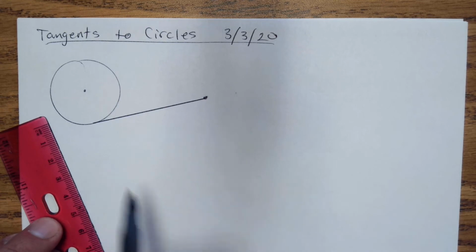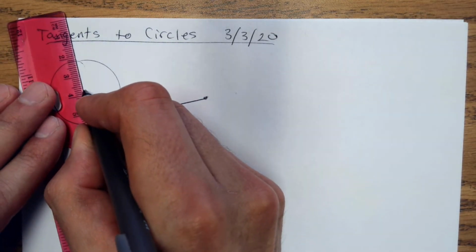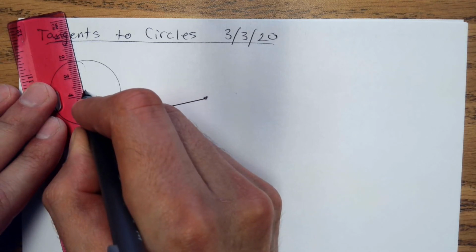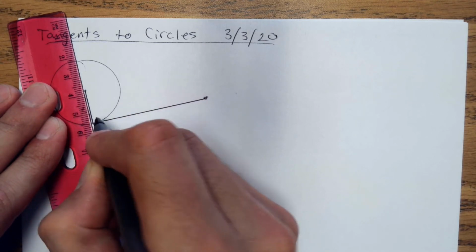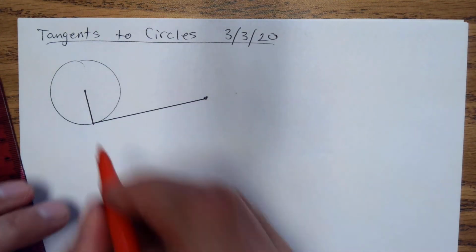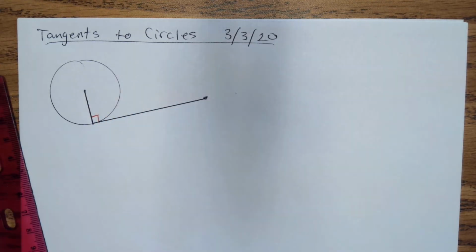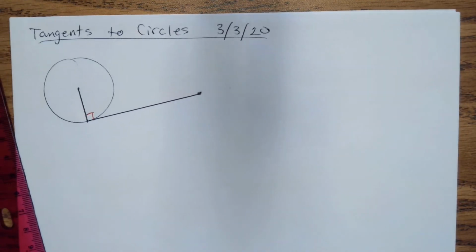And then I'm going to connect this tangent line with the radius, with the center of the circle. That is always going to make a 90-degree angle. That's the first bit of information that we are going to be looking at.